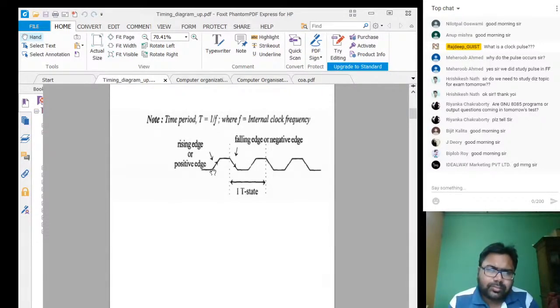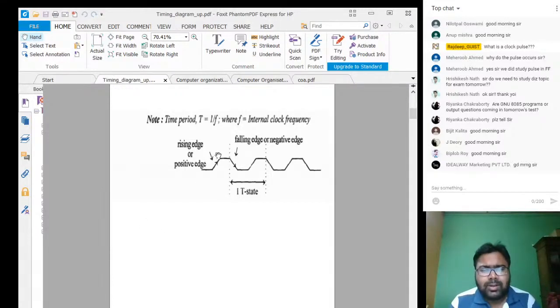Whenever it moves from 0 to 1, this part is known as the rising edge, and whenever it moves from 1 to 0, it is known as the falling edge. You might have learned this in your digital logic: rising edge triggered flip flop or falling edge triggered flip flop.